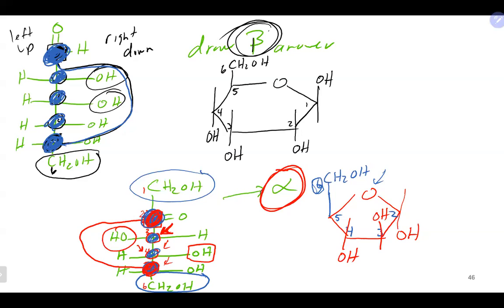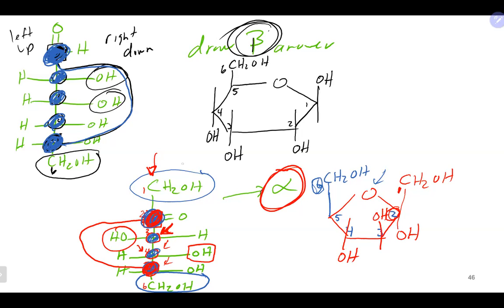But now on this particular one, if we look at our ring, we ended at carbon number 2, right? But we still have carbon number 1. So at the other end of this guy is where carbon number 1 will end up. Right there, carbon number 1. So it will end up out of the ring because as it closed in, those 2 parts were basically left off of the ring.